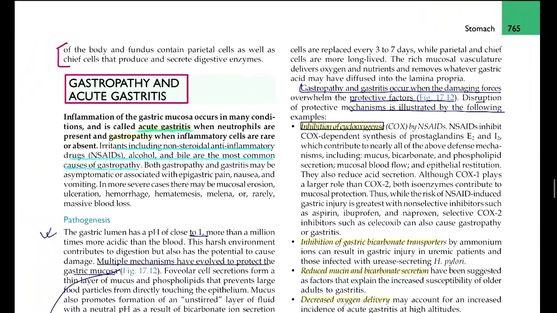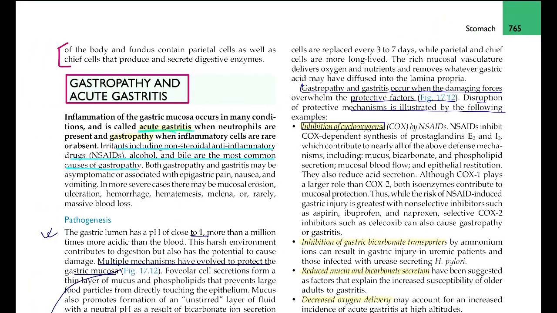Here the different mechanisms that give rise to gastropathies are mentioned, such as inhibition of cyclooxygenase. If cyclooxygenase is inhibited, there will be no production of prostaglandin, and without prostaglandin there will be a lack of mucin, which acts as a protective mechanism.